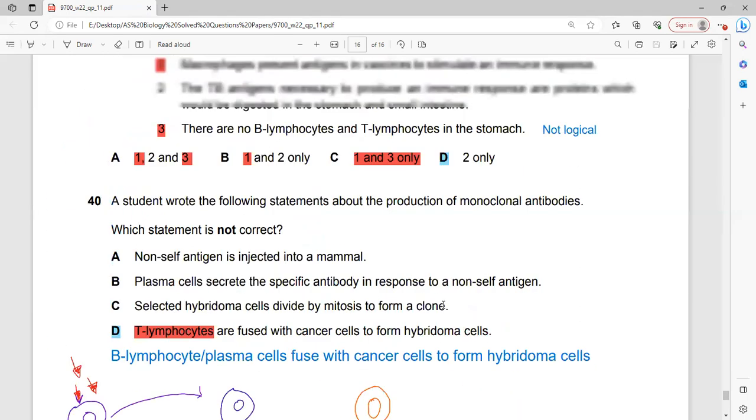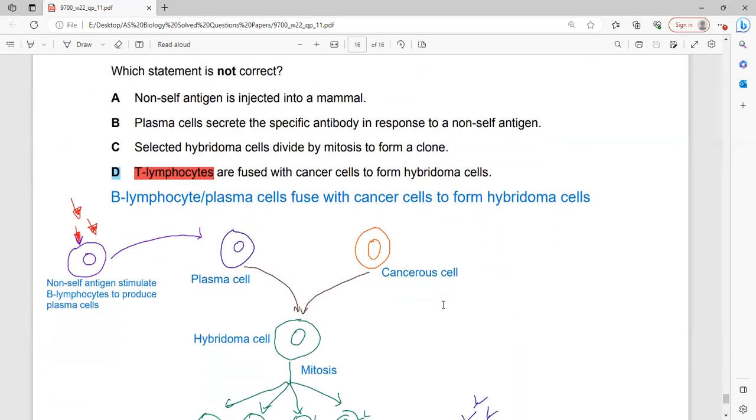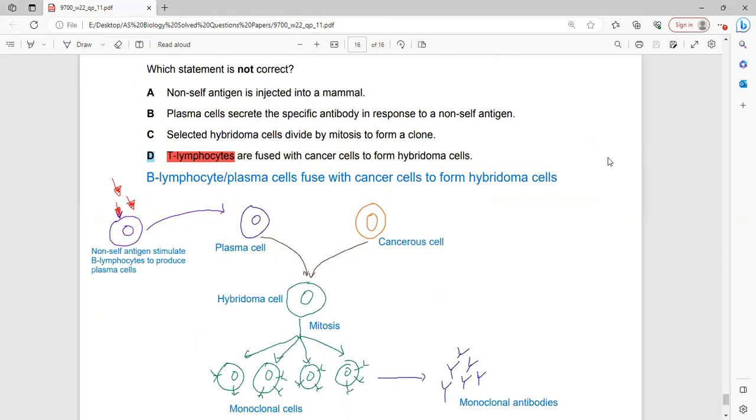We're going to see which option is correct according to the whole process. First, a non-self antigen is injected into a mammal. That's correct. Plasma cells secrete the specific antibody in response to the non-self antigen. This is also a correct statement. And selected hybridoma cells divide by mitosis to form clones.